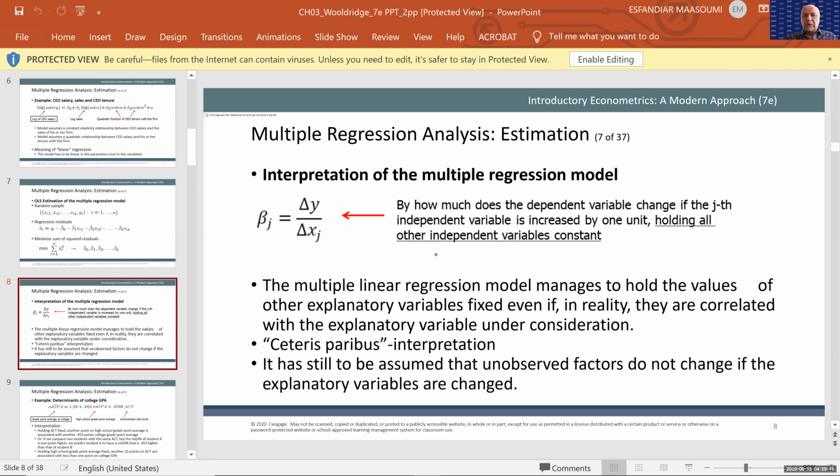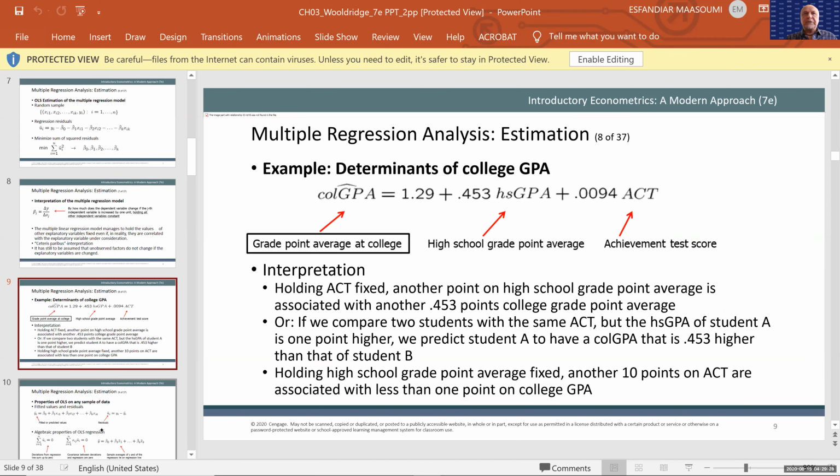So when I look at the changes in that equation, I'm assuming dy by dxl, all the other x's, is equal to 0. There is no change. Okay, that's the sense in which multiple regression is helpful in terms of determining partial effects of variables, given there are other variables. Why do I need other variables?